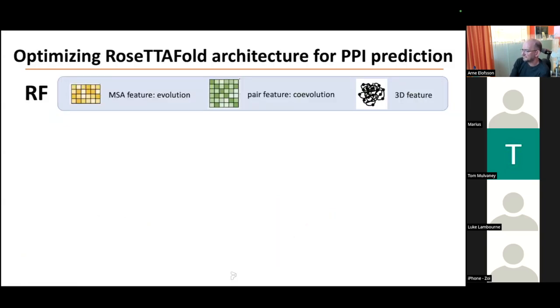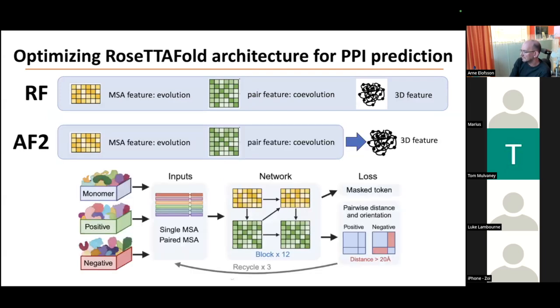After we got a better training data set, we decided to also optimize the RoseTTAFold architecture for PPI prediction. We tested a number of different modifications, and to our surprise, the modification that made the most significant change was when we removed the 3D structure features from RoseTTAFold.